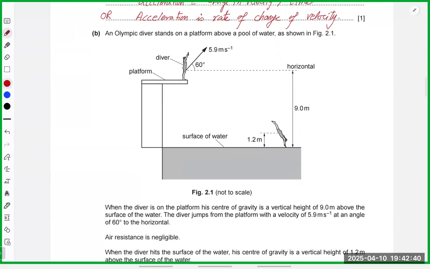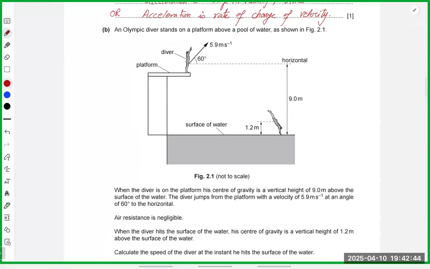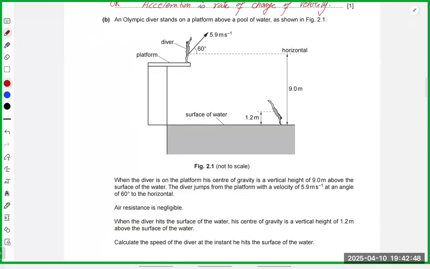An Olympic diver stands on a platform above a pool of water. When the diver is on the platform, his center of gravity is at a vertical height of 9 meter above the surface of the water. The diver jumps from the platform with a velocity of 5.9 meter per second at an angle of 60 degrees to the horizontal.